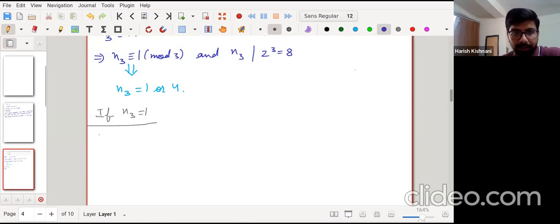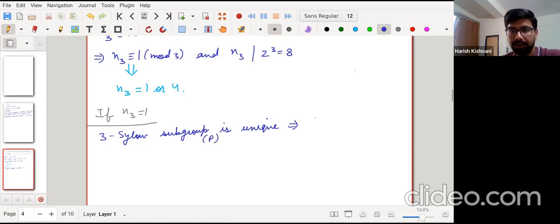So the Sylow 3 subgroup is unique, and if it is denoted by P, as P is normal in G, this implies G is not simple.